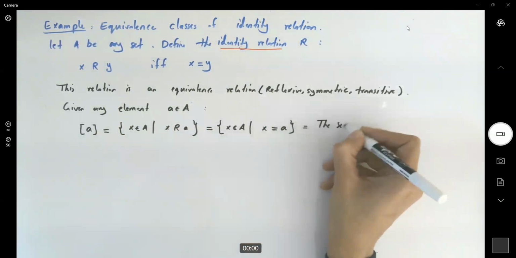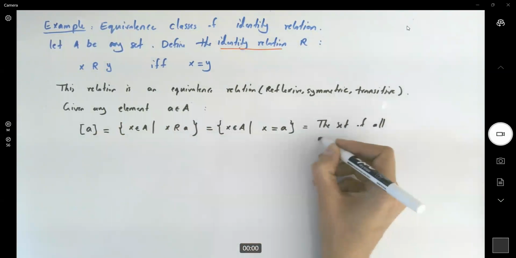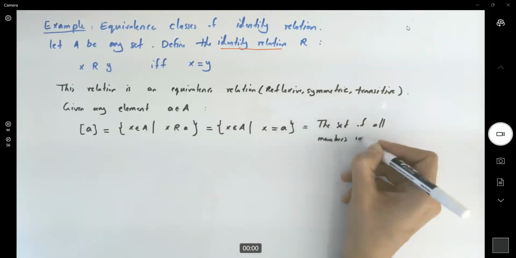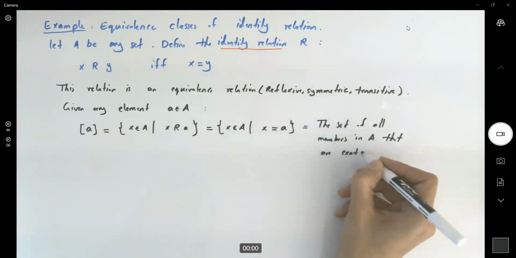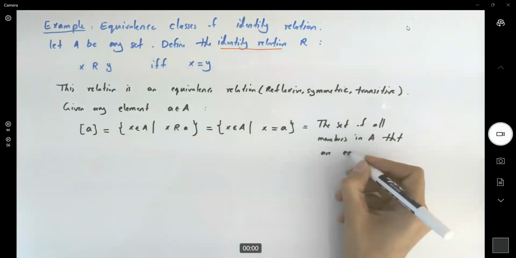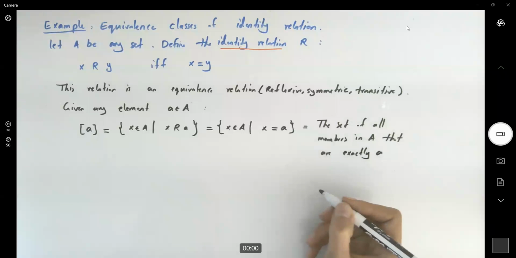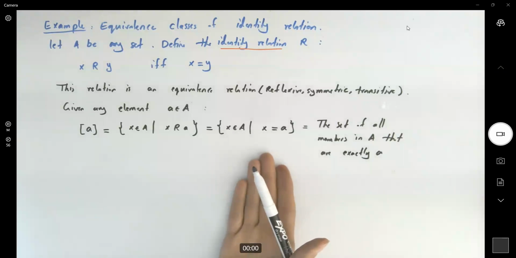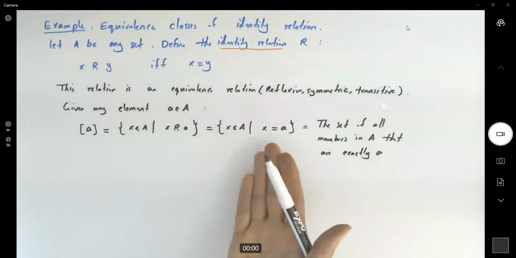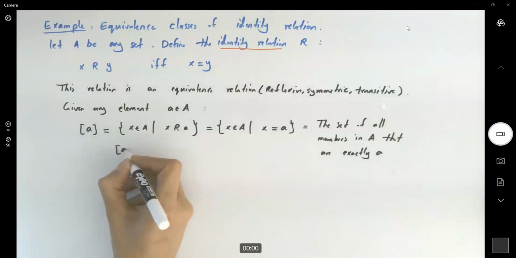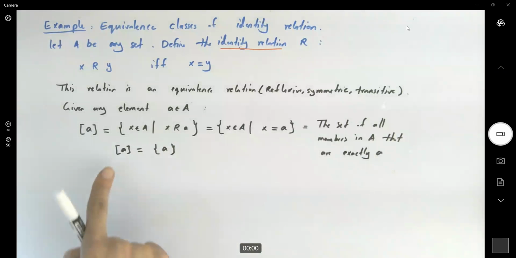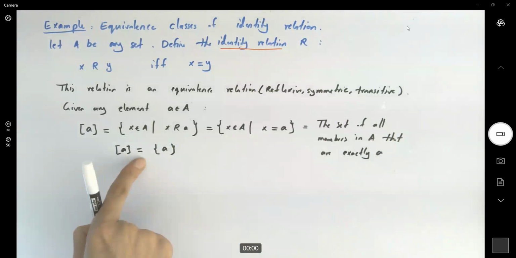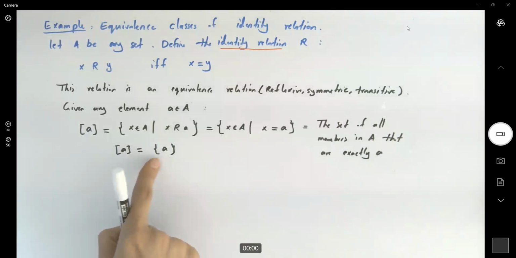The set of all members in A that are exactly A. Well, the answer is obvious. There is one element in set A that is exactly the same as A. So it's going to be the set including A. The equivalence class of A is equal to a set with only one member in it.